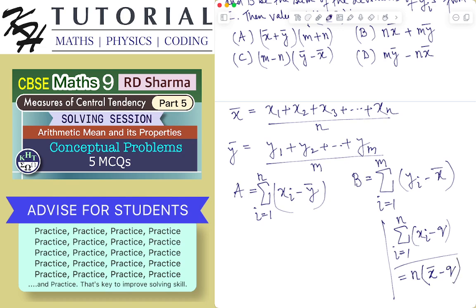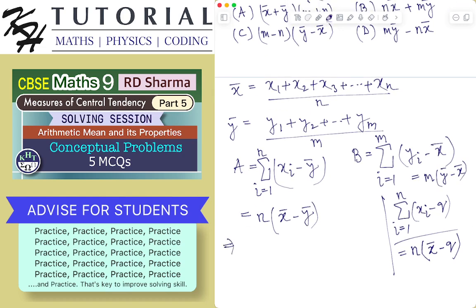Never forget this result, it is very important. So A will be equal to small n multiplied by x bar minus y bar. Similarly, B will be equal to small m multiplied by y bar minus x bar. So A plus B will be equal to n into x bar minus y bar plus m into y bar minus x bar.